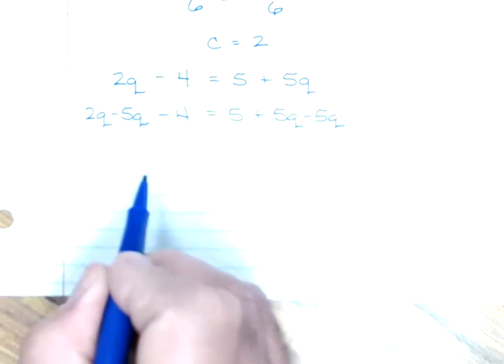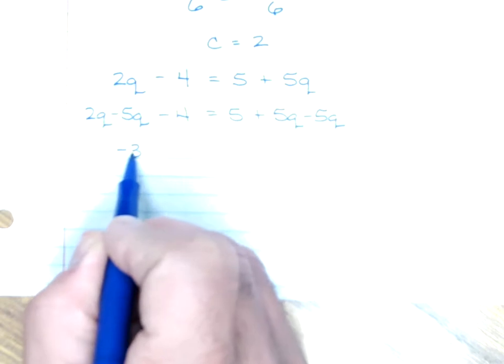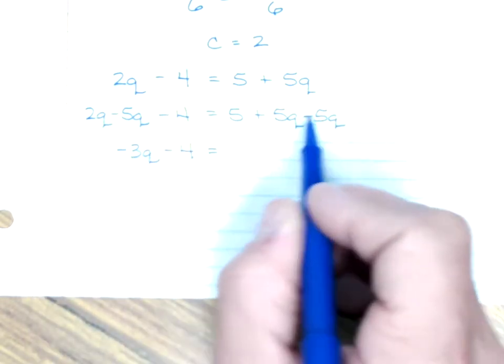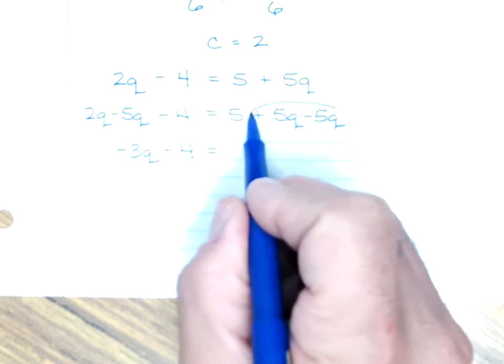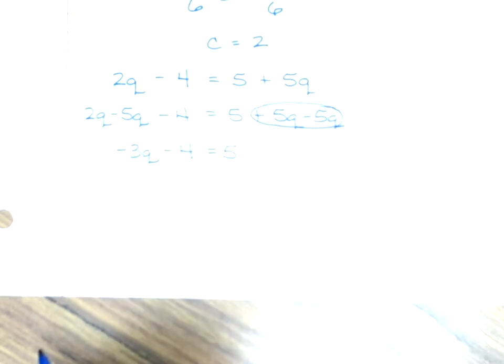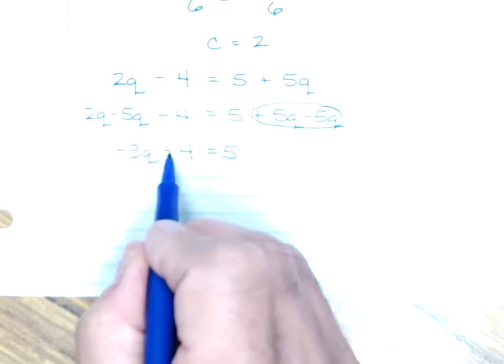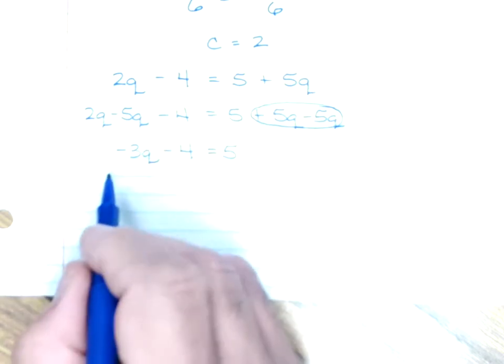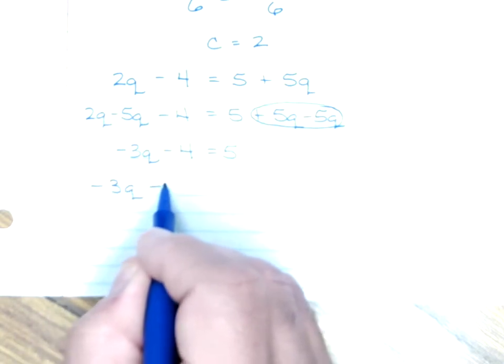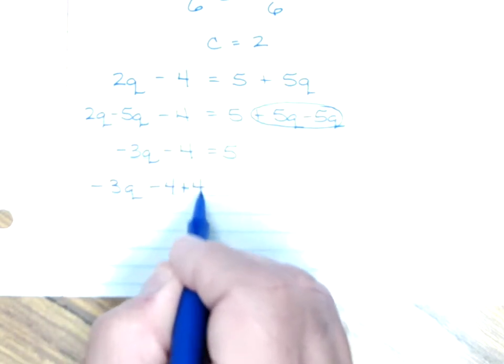2q minus 5q is negative 3q minus 4, and that is equal to, and remember, these two are opposites, so they equal 0, and that leaves us with just 5. Now what we need to do is remove this negative 4. So the inverse of negative 4 is positive 4.